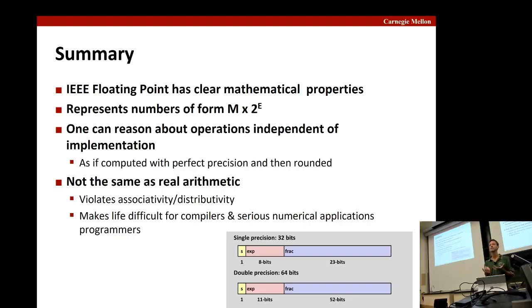You represent numbers in the form of a sign bit times the mantissa times 2 to the e. You can reason about the operations independent of any implementation because this is the standard. We showed you how to do that, compute with perfect precision and then round. It's pretty close to real arithmetic, but there's some gotchas, especially in terms of associativity. Okay? That's it for today.